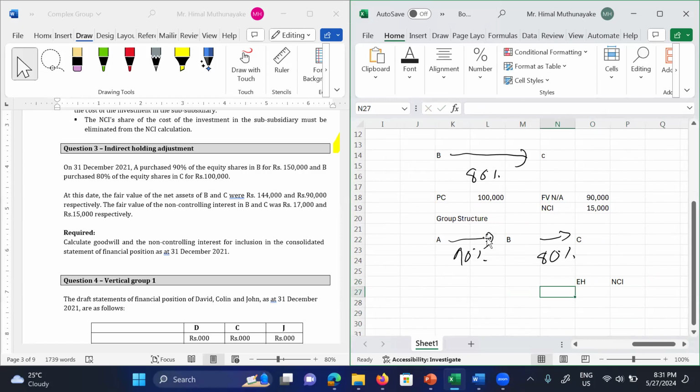For company A and B, we know effective holding is 90% and NCI is 10%. Directly we can see.